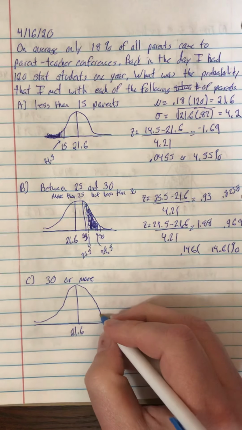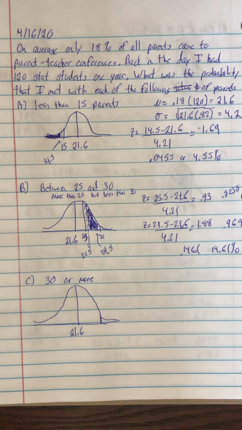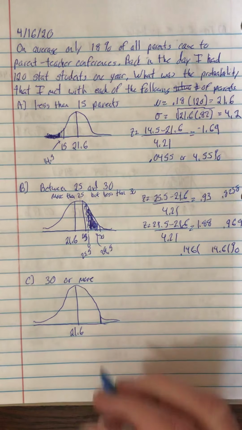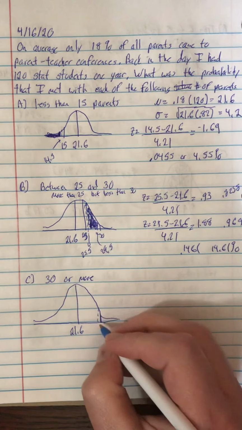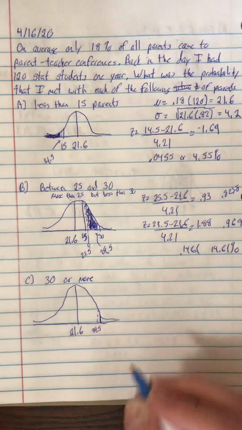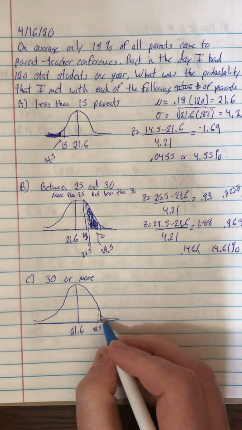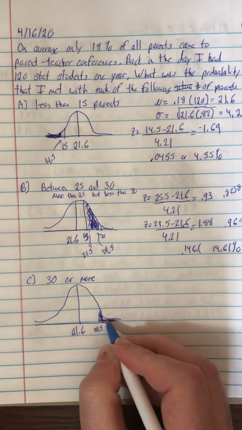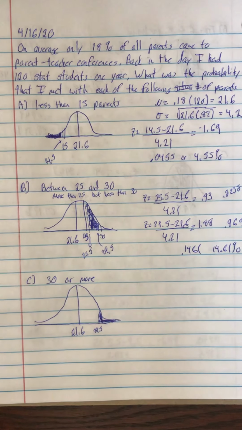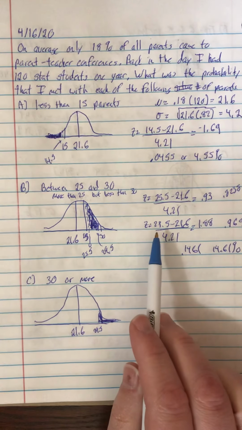30 or more. That means that I want 30, right? So I have to include 30, so that means I'm going to adjust down to 29.5. And then I'm going to shade in everything to the right. Now we've already done 29.5.